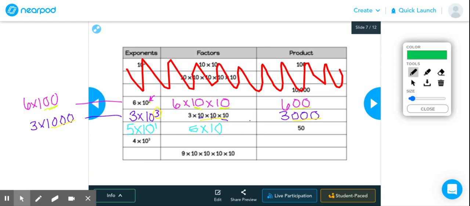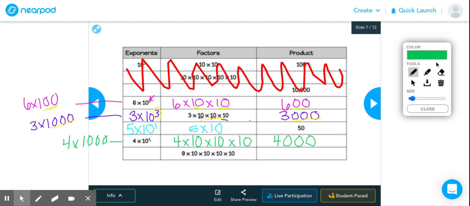So when I go to fill in this next box, if my exponent is a 3, that means 3 tens. 4 times 1 ten, 2 tens, 3 tens, which when I go to write my product will be a 4 with 1, 2, 3 zeros, which makes sense because this is 4 times 1,000. I know it's times 1,000 because 10 times 10 is 100. 100 times 10 is 1,000.